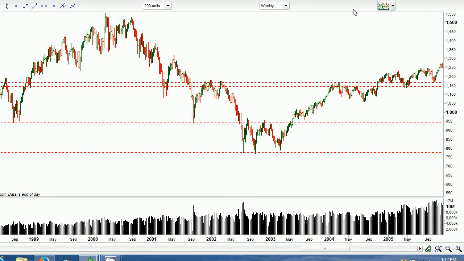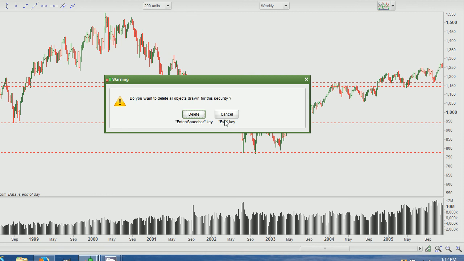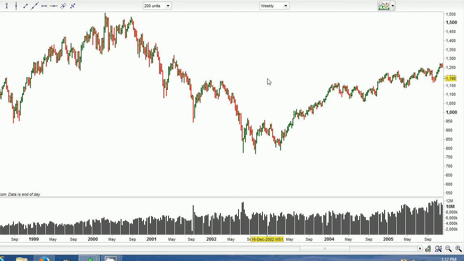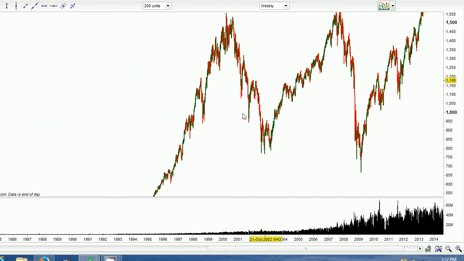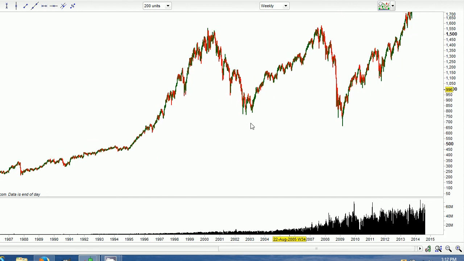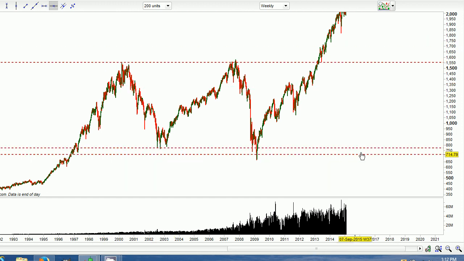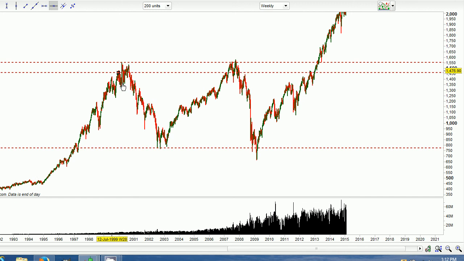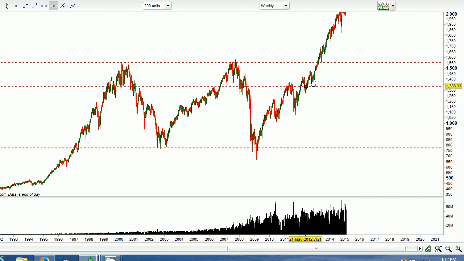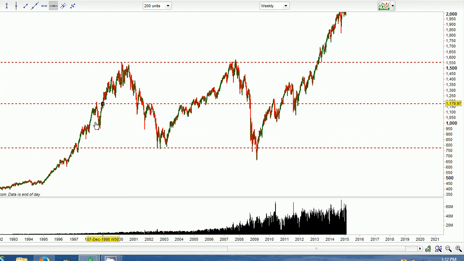And a good example of this, if I pan right out, I'll just get rid of all these lines on here to show you a great example of a trading zone. We'll come right out here. We'll just tighten this up a little bit and put it in the middle. And we can see here on the S&P 500, if we plot our lines through there and there, we can see that the S&P 500 actually went into a sideways trading zone for a very long time.